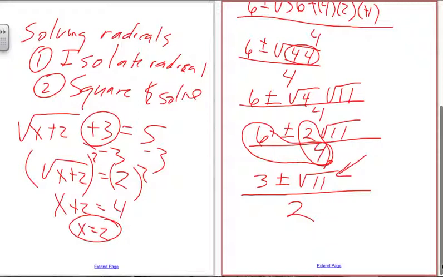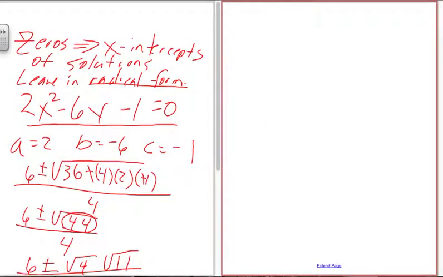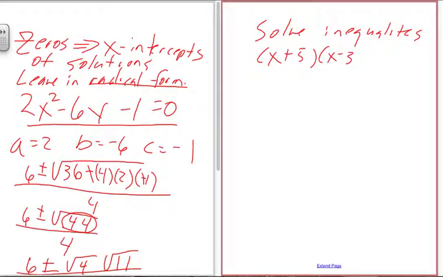The other things you're going to have to learn how to do, and these are all things we've done, is solve inequalities. All right, and these are going to be things like if you have x plus 5, this is where you make the table, you find the zeros, and you figure out which ones are going to be positive.